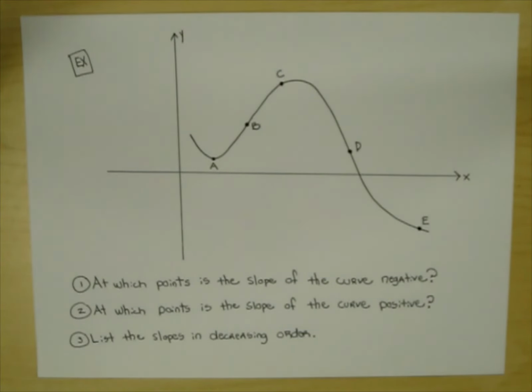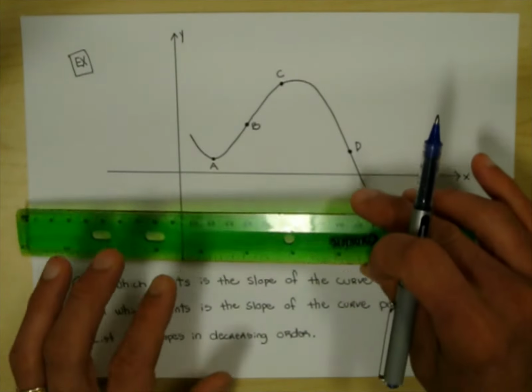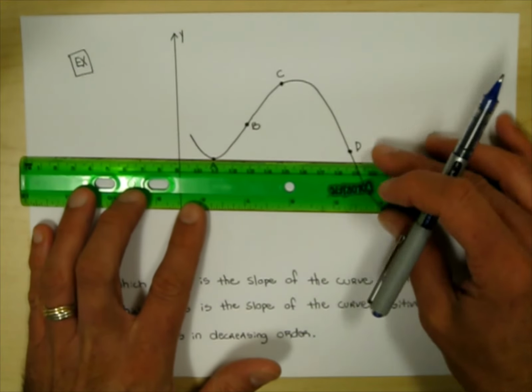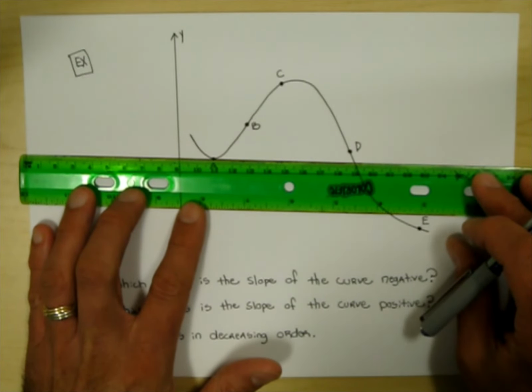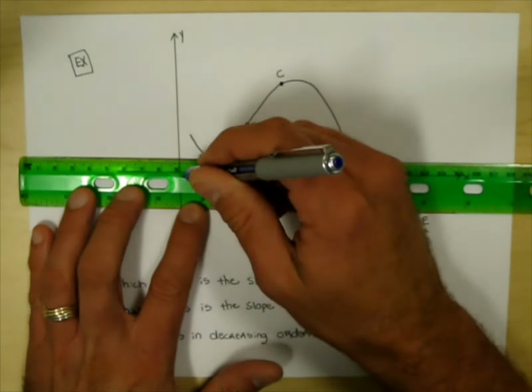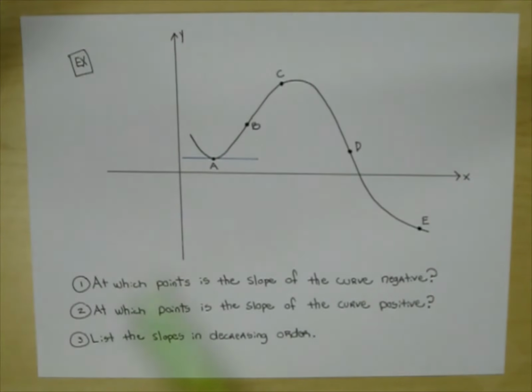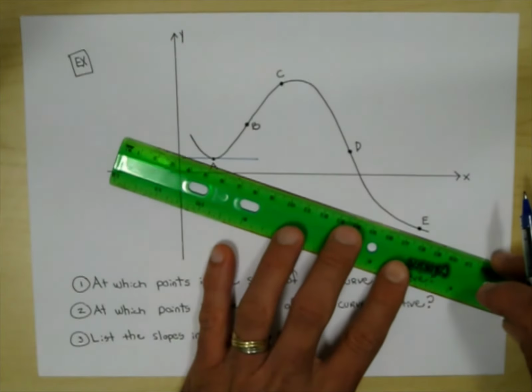So let's take a look at this. At which points is the slope of the curve negative? At which points is the slope of the curve positive? Why don't we go ahead and try to draw the tangent line at each point. This one right here looks like it's the bottom of the valley. That looks like the tangent line there. Let's do E next.